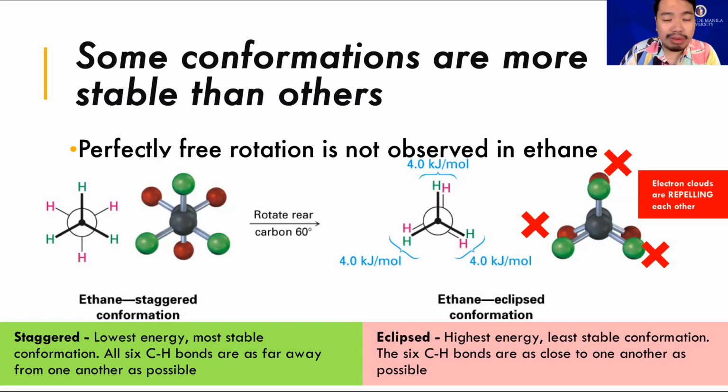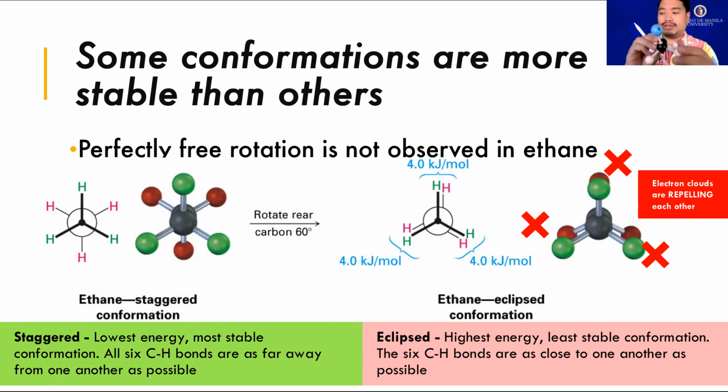When we translate to a Newman projection, we can actually clearly see the different conformations of our molecule. And these different conformations will in turn have different levels of stability. So some forms will be high energy unstable forms, and some forms will be lower energy, more stable forms.